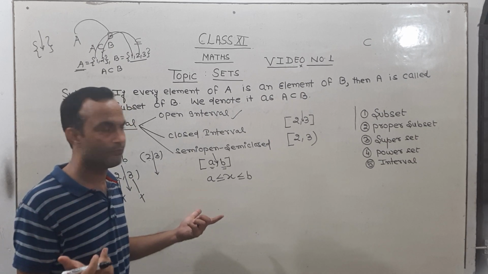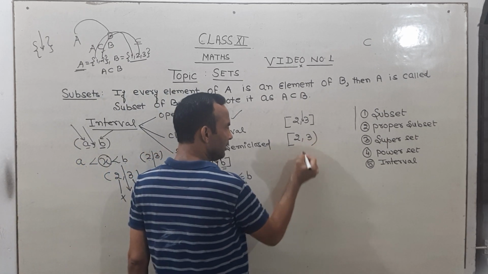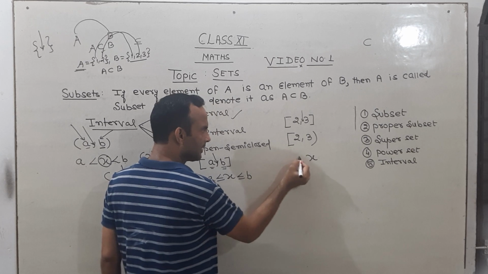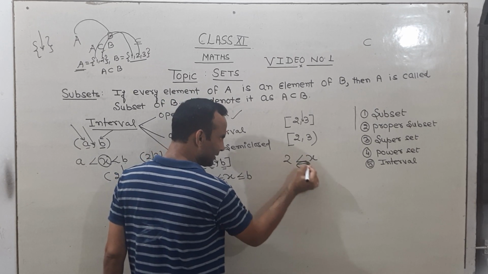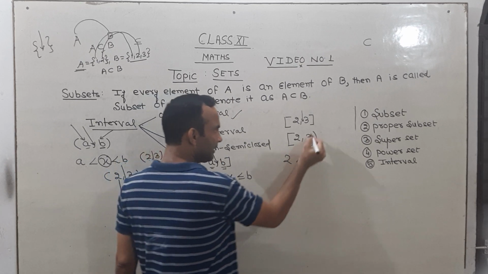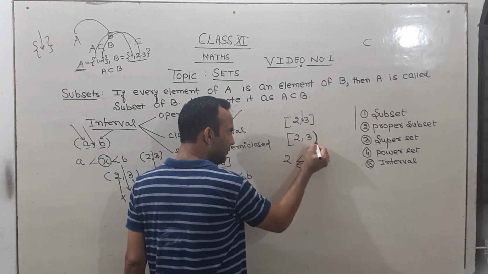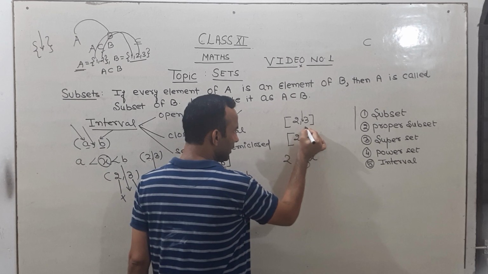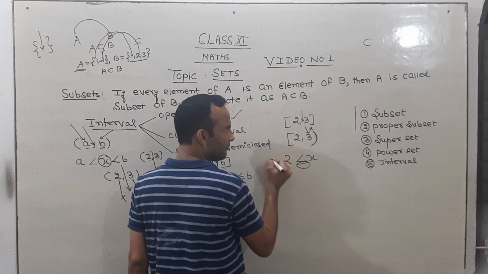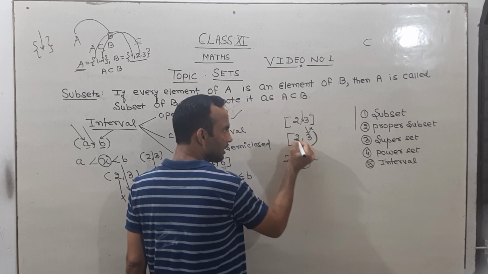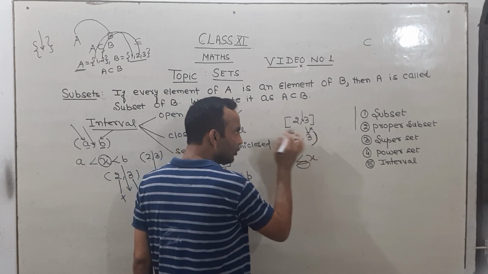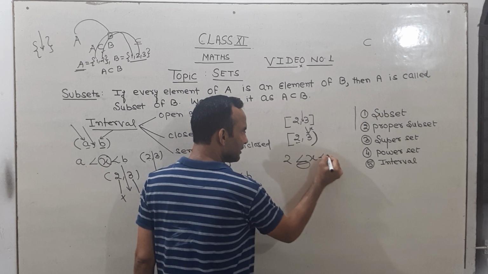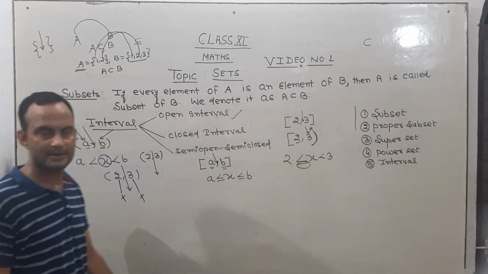This means if x is the answer, then x is greater than or equal to 2, equal is possible. But you can see here at 3 it is an open interval, so 3 can't be the answer. The answer is either 2, or greater than 2, but less than 3.